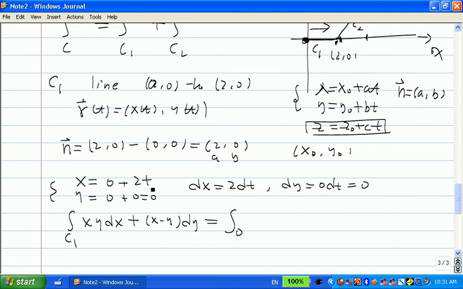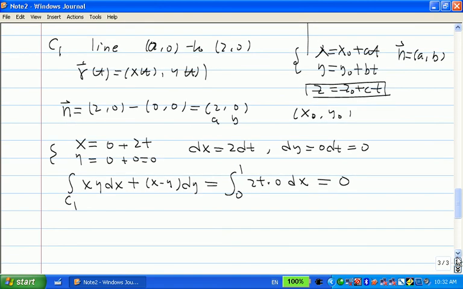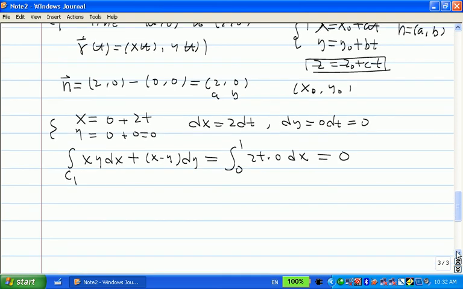When t equal to 1, you get the point 2 and 0. So t equal to 0 gives you this point, t equal to 1 gives you this point. Then replace x by 2t, replace y by 0. Since dy is 0, that's it. 0 times anything, you get 0. So the line integral on the first segment is 0.